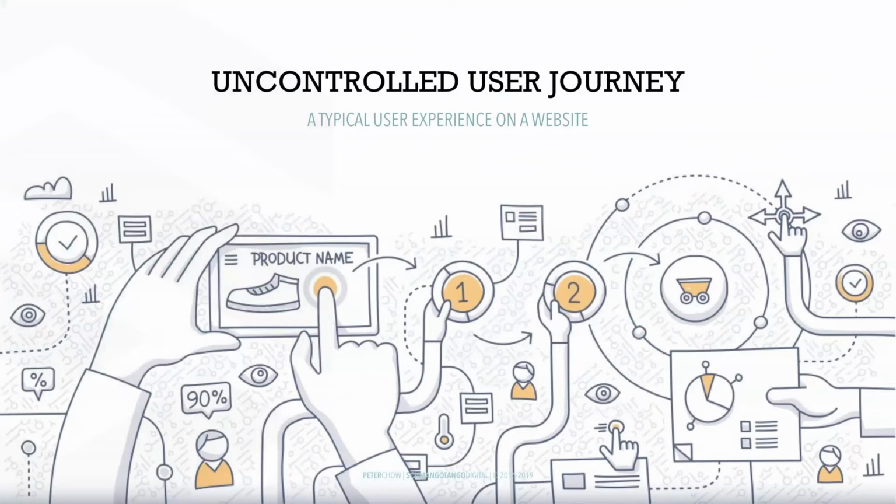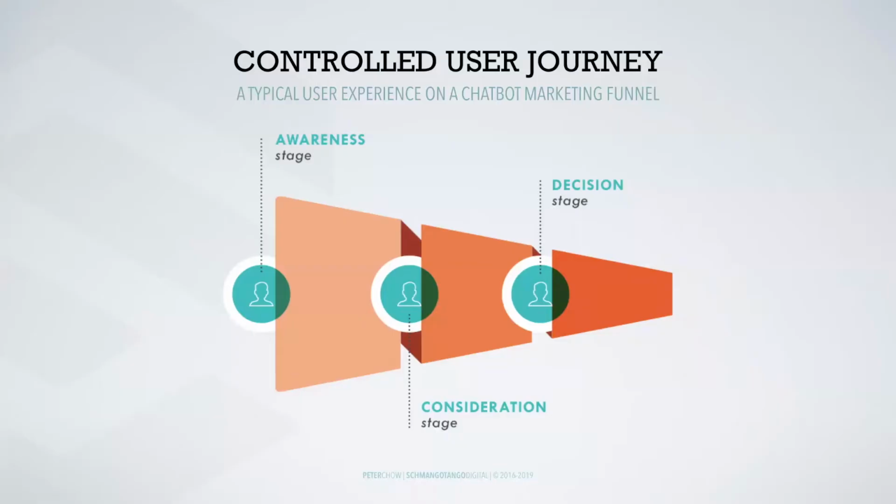And that's the typical user experience, including in a website. A website has too many things going on, and you don't want to release your audience into an environment where there's just too much distraction. Okay. So what we wanted to do is to have a controlled user journey.